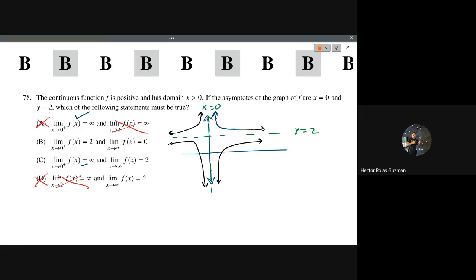So the limit is infinity, not 2. That one's gone, leaving us with option C. And just to check it off, let's try the last condition. The limit as x approaches infinity. When you go to infinity, we get closer and closer to the y value 2. So that is good.